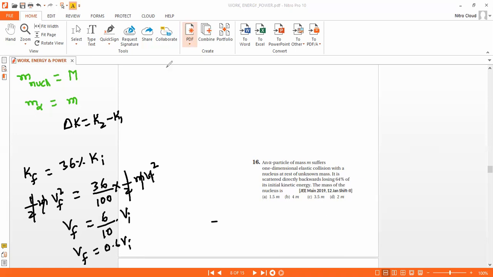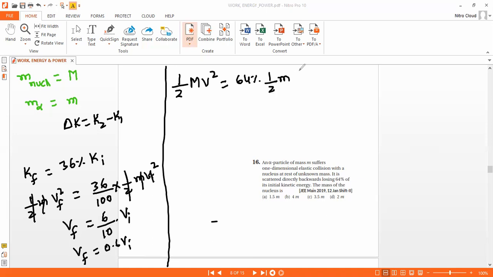By applying conservation of energy, the kinetic energy of the nucleus is equal to 64% of the initial kinetic energy of the alpha particle, with velocity V alpha.